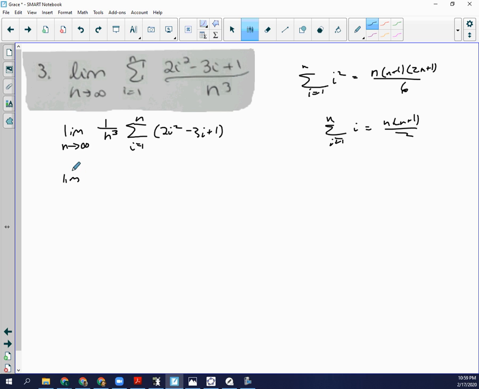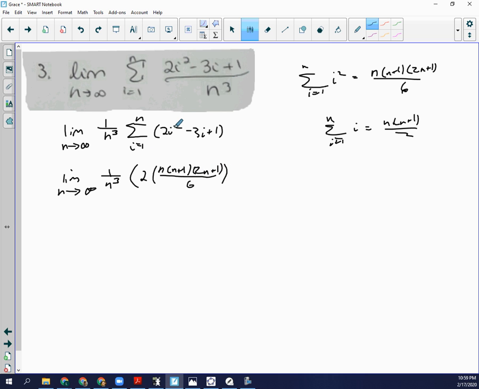We have the limit as n approaches infinity, 1 over n cubed times, okay, the sum from i equals 1 to n of 2i squared is going to be 2 times this, 2 times n times n plus 1 times 2n plus 1 over 6.